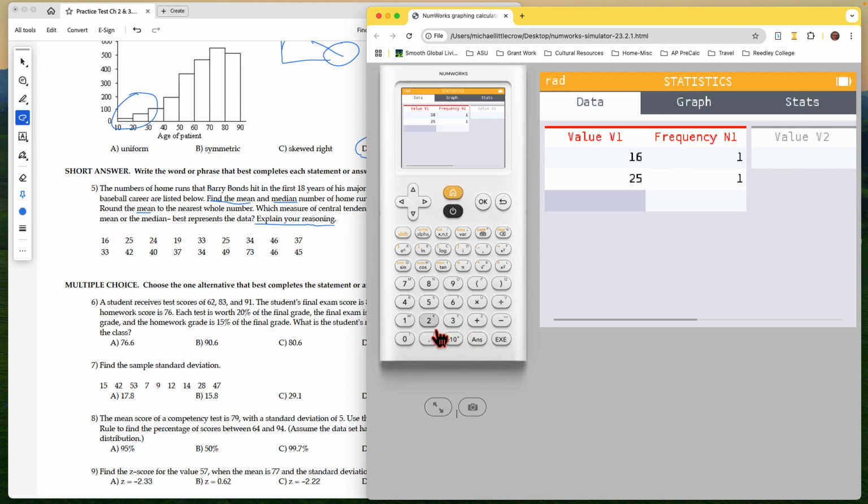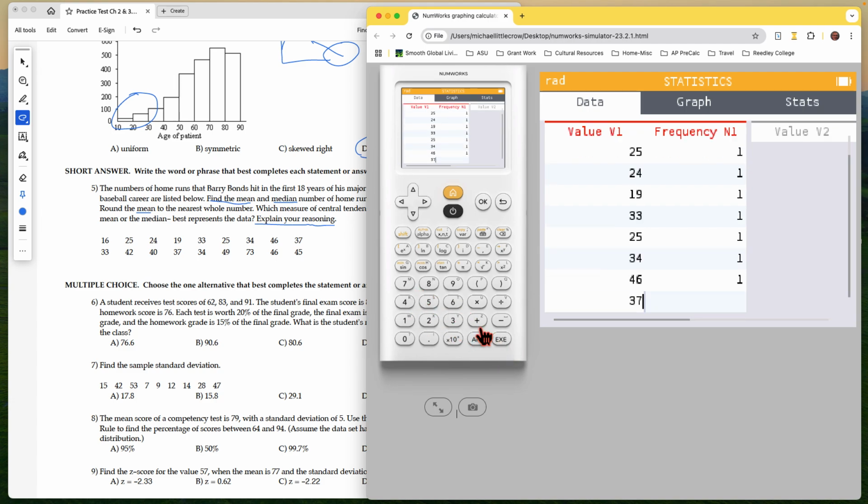That'll work just fine. I'm going to go across the top row: 24, 19, 33, 25, 34, 46, and 37. I find it helpful when I say them as I enter them.